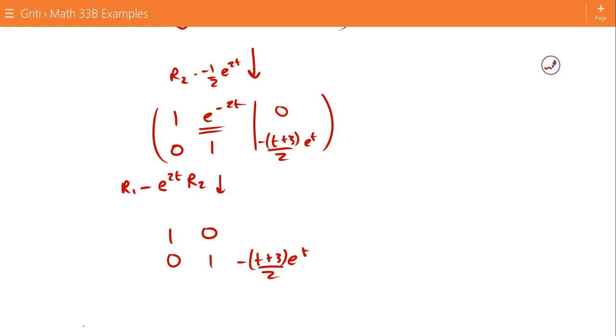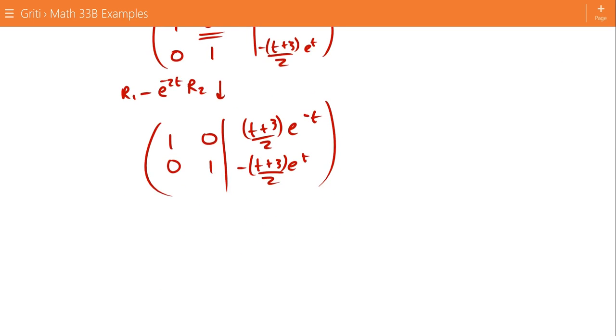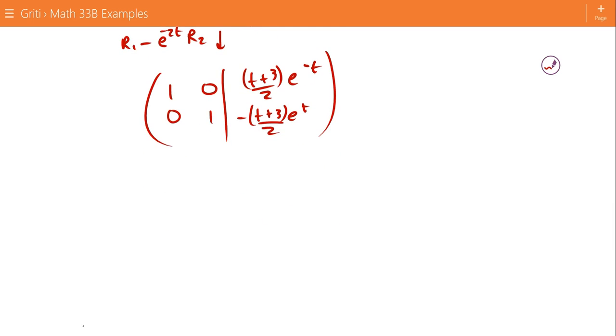And the top row will have 1, 0, and t plus 3 times 2 e to the negative t. I'm sorry, this should have been negative. And now we have v1 prime and v2 prime, so we can reconvert this back into regular terms.